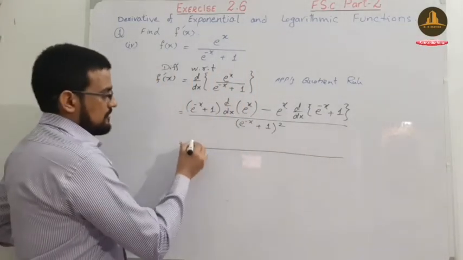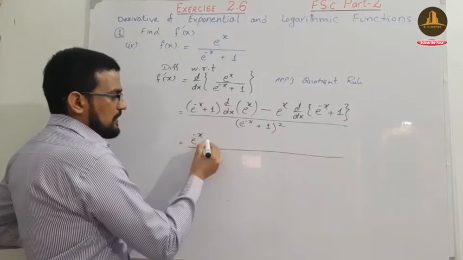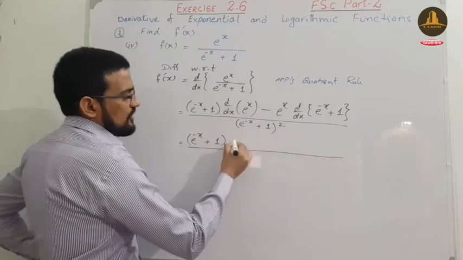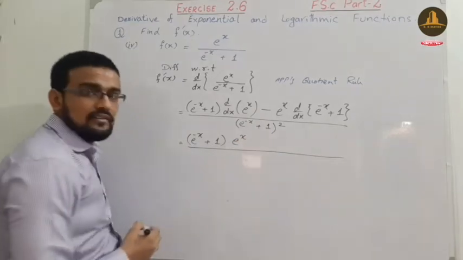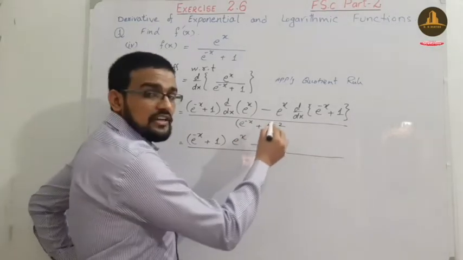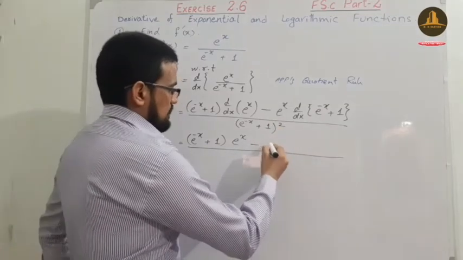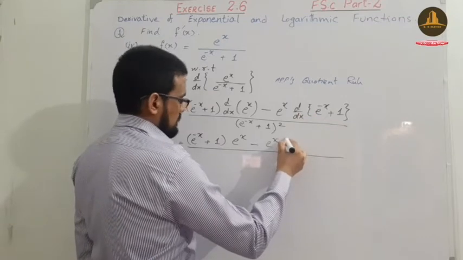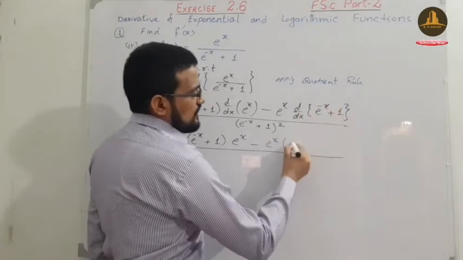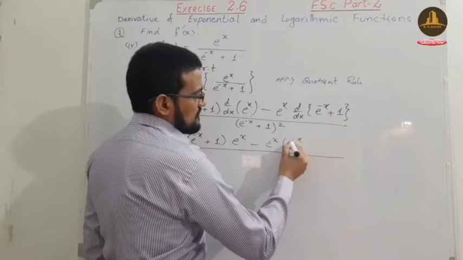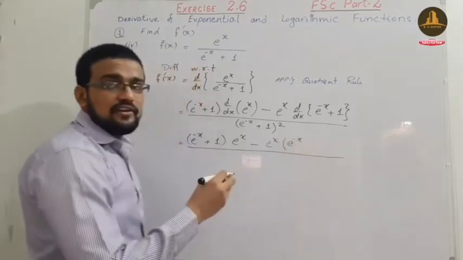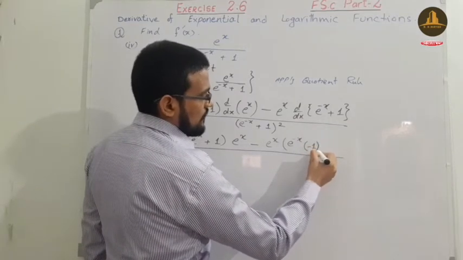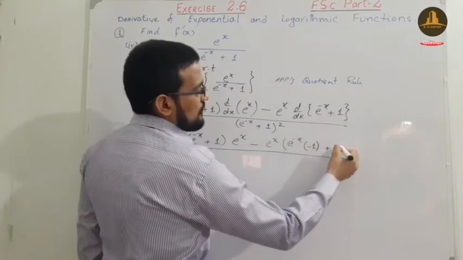So students, here e raised to power minus x plus 1, and the derivative of e raised to power x is this one, minus e raised to power x remains the same, and here the derivative of e raised to power minus x is, for the power minus x, the derivative is minus 1, and plus the derivative of 1 is 0.